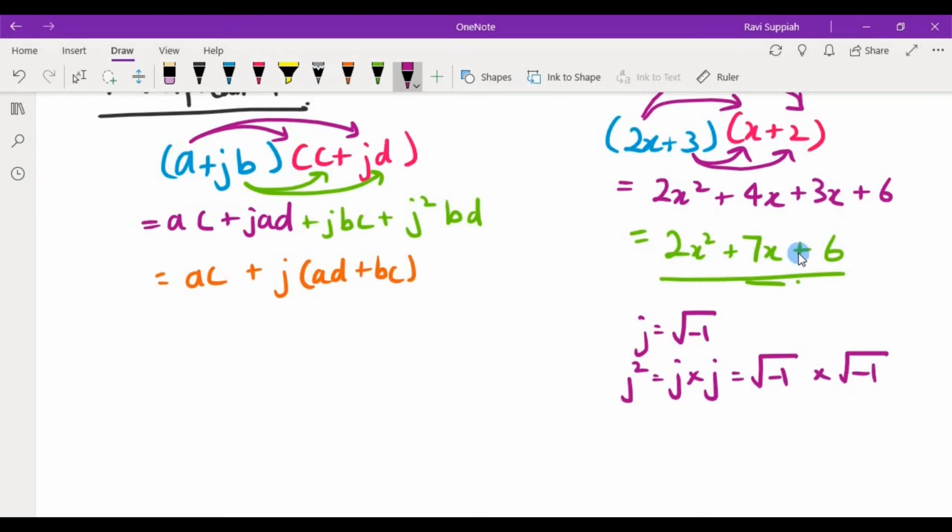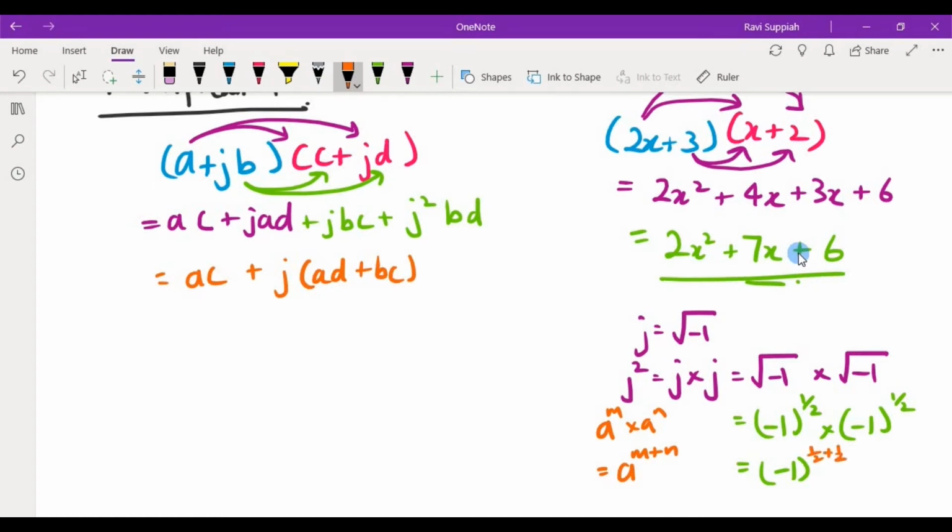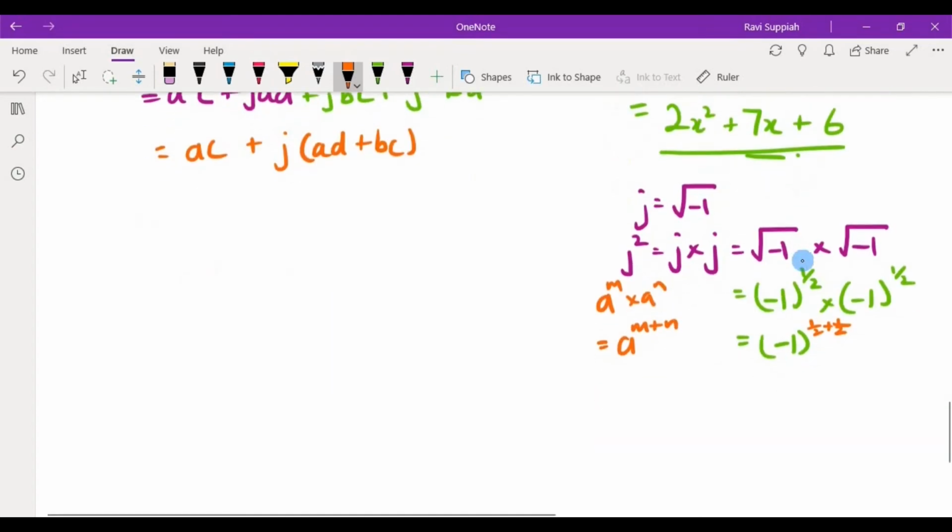Okay, now we're going to apply the indices approach here, where the square root of minus 1 is minus 1 to the power of half, multiplied by minus 1 to the power of half. Alright, and by the indices rule, we will now be able to add the powers together. Okay, why? Because the indices rule says that a^m times a^n is equal to a^(m+n). So here I have half plus half, and that would give me minus 1 to the power of 1, which is minus 1.